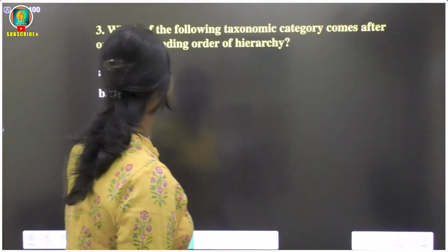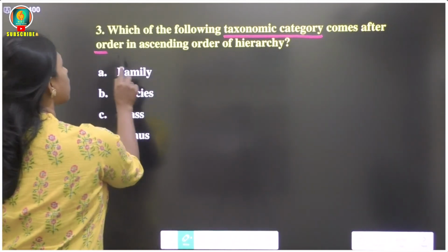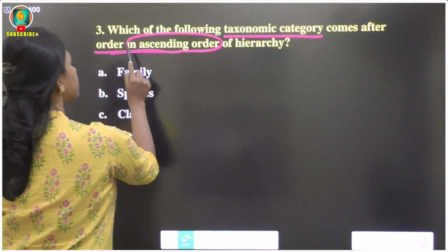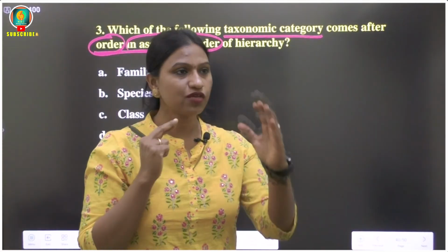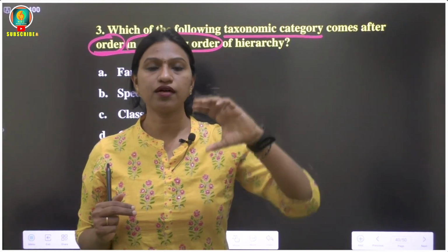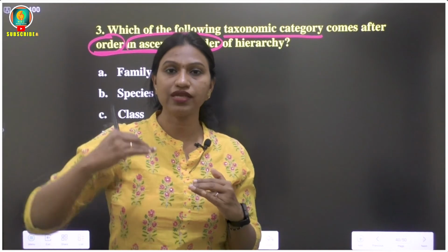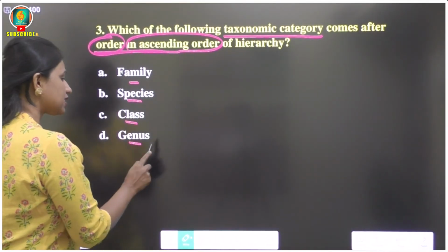Next question. Which of the following taxonomic categories comes after order in ascending order? After order in ascending order. Don't get confused. So they are telling when you keep all the taxa in a hierarchy, that is in order-wise, which one comes after order? Is it family, species, class, genus?